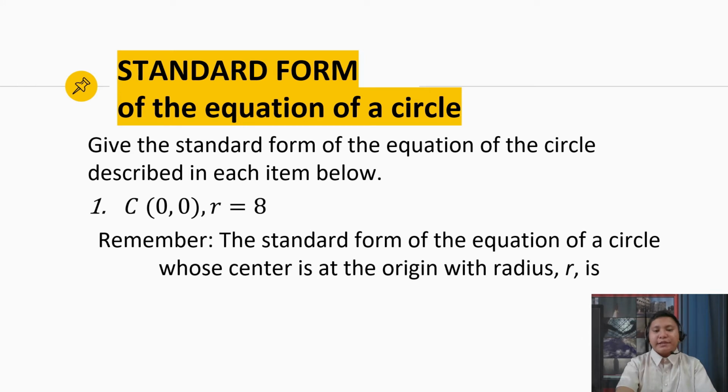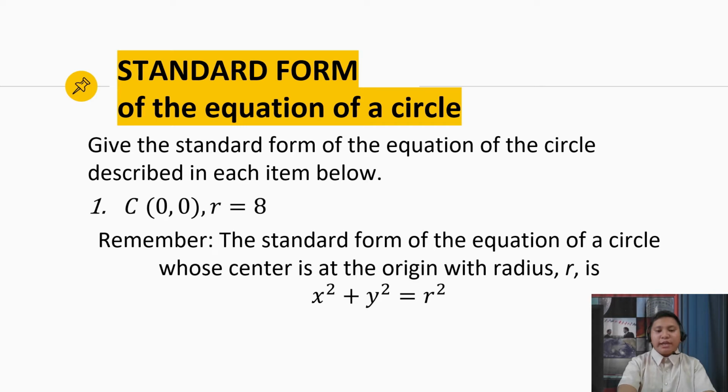Remember, the standard form of the equation of a circle whose center is at the origin with radius r is x squared plus y squared is equal to r squared.